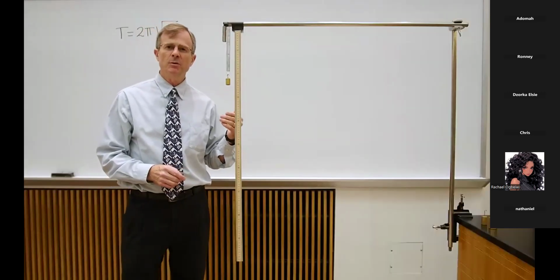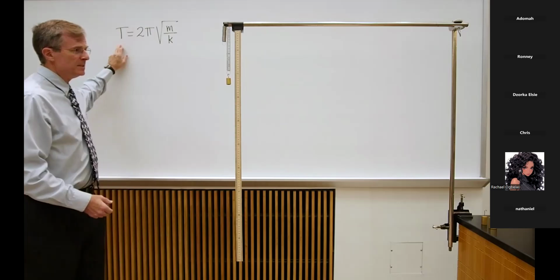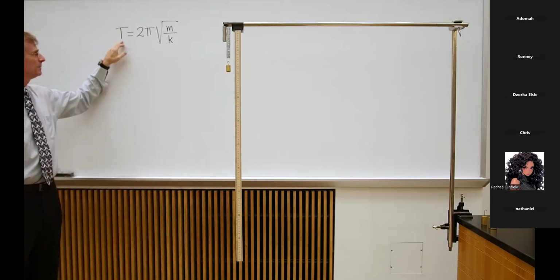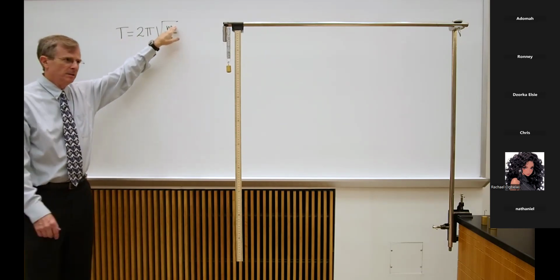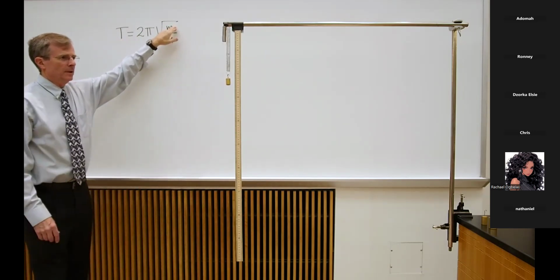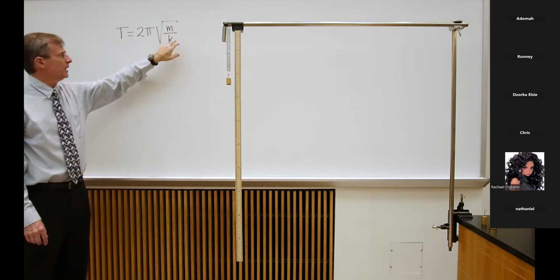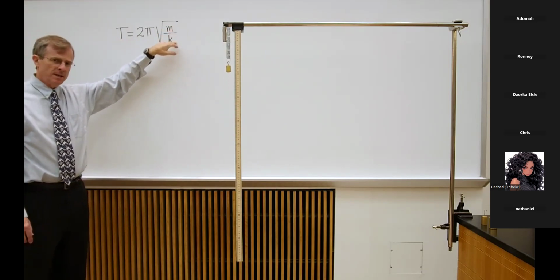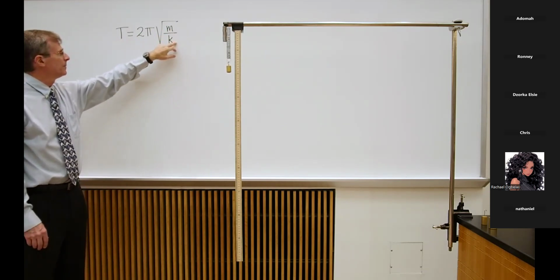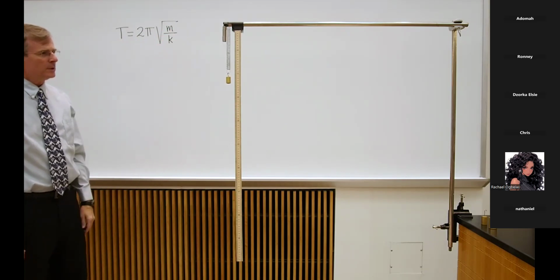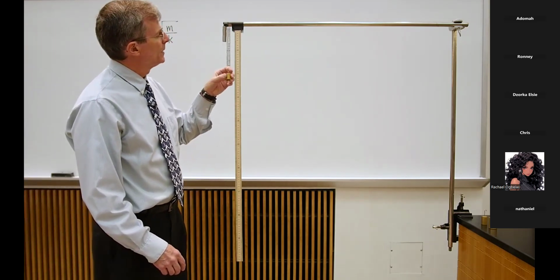So it's the time between booms. And that's denoted by T in this equation. It's 2 pi times the square root of the mass that you're hanging on the end of the spring over the spring constant K, which is related to Hooke's law that we talked about before. The other important parameter is the amplitude of the motion.